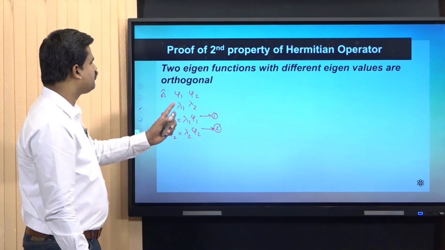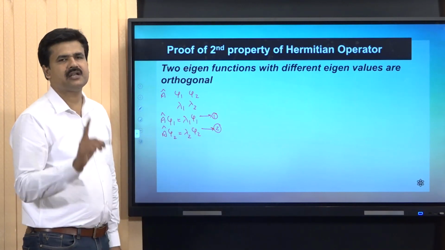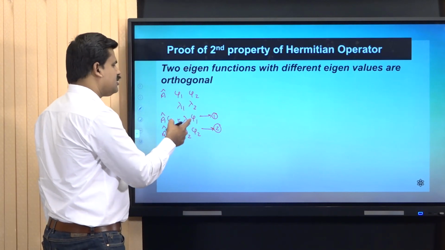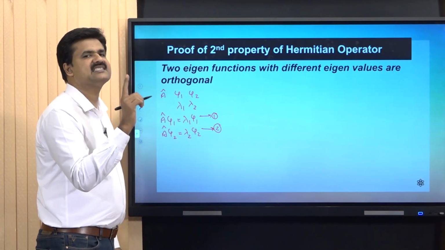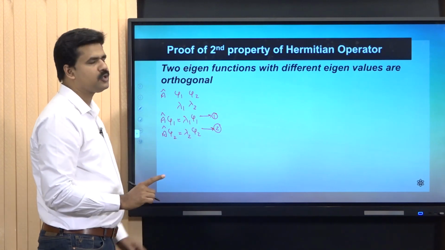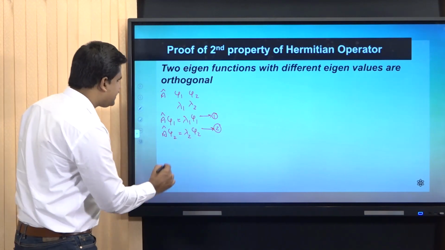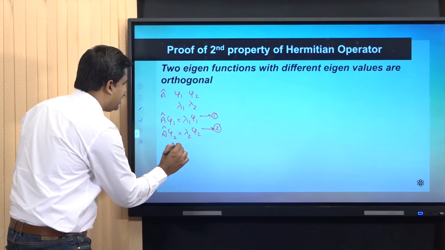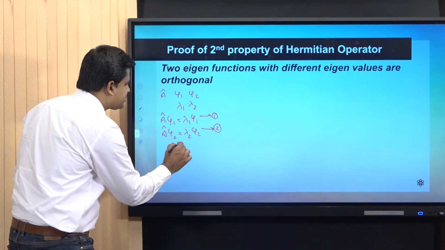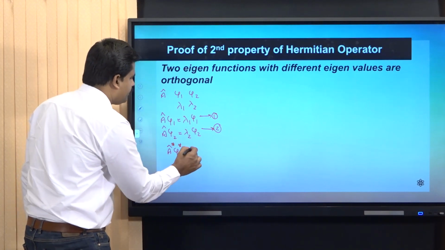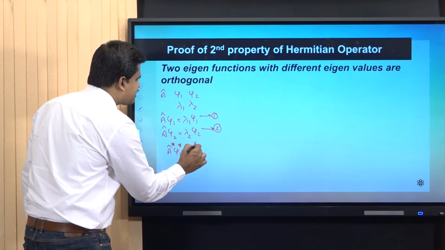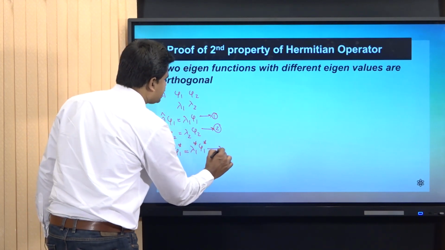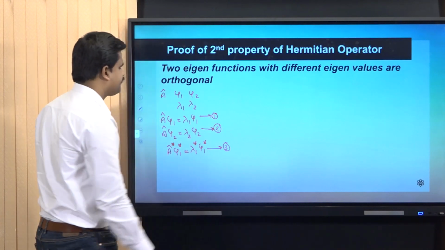Now, to prove this, take equation 1 and take the complex conjugate of every term, such that I get A hat star psi 1 star equals lambda 1 star psi 1 star. I mark it as equation 3.